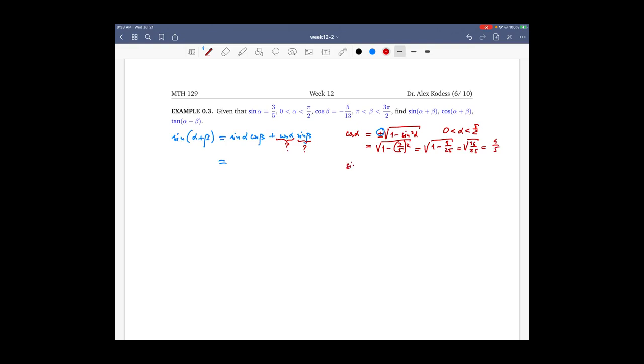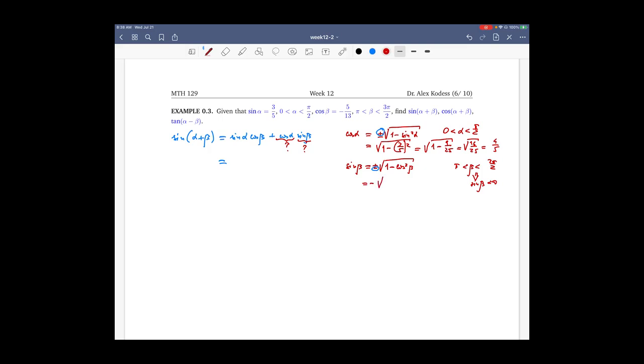Now for sine beta, we again use the Pythagorean theorem. That's plus or minus the square root of 1 minus cosine squared of beta. And beta is between pi and 3 pi over 2. That is quadrant 3, so sine beta is negative and we need to take the negative sign.